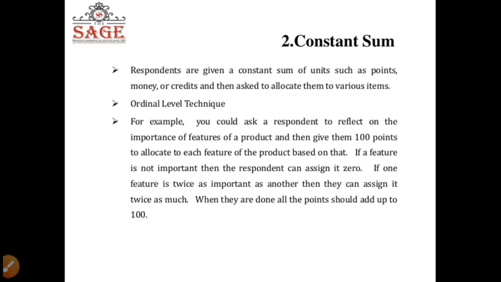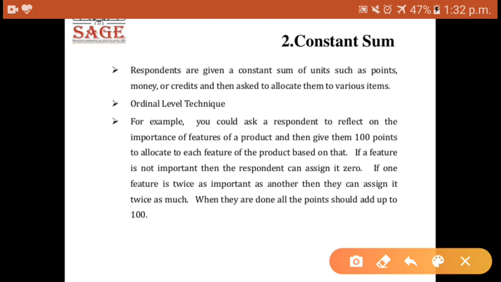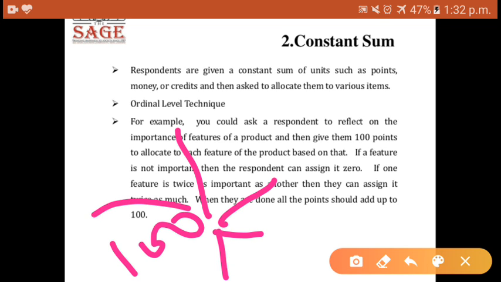The other is constant sum. In constant sum, respondents are given a constant sum of units such as points or money, and then you have to distribute it. What does constant sum mean? Constant sum means you have 100 rupees with you. You want to distribute this 100 rupees into, say, 5 categories.